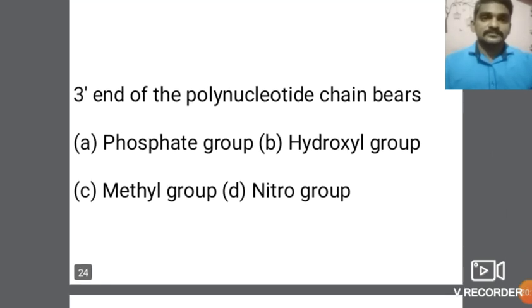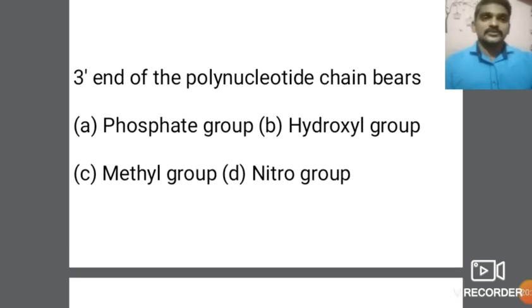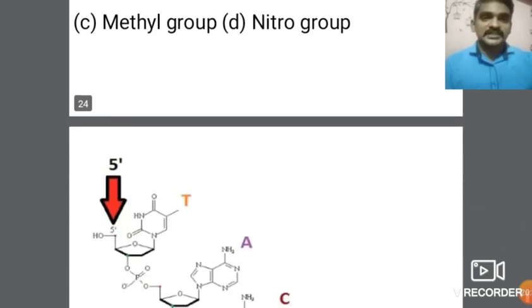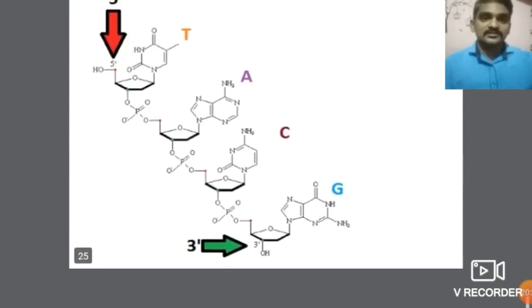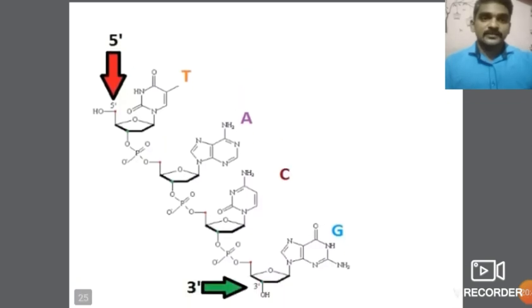The next question, the 3' end of the polynucleotide chain bears. This is a polynucleotide chain, you have to see. What is a polynucleotide chain? It consists of numerous nucleotides. Options are given like phosphate group, hydroxyl group, methyl group, nitro group. You can see here this is the polynucleotide chain. At the 5' end, the red colored arrow denotes the first nucleotide, where the 5' end has a phosphate group.